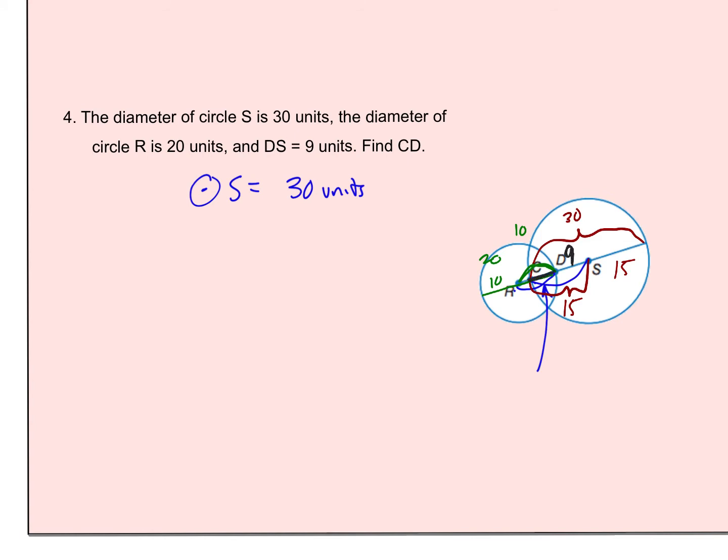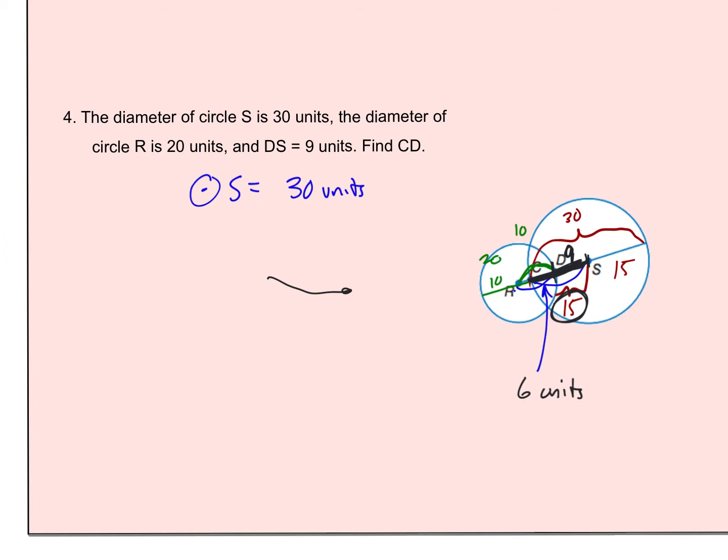So how big is CD? Here's what I'm looking at. I apologize, it's a little messy. Here's my big part. This whole thing, I know, is 15. I know that DS is 9. That length right there is going to be 6 units. How do I know that?